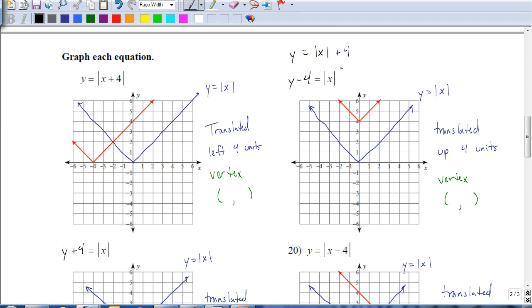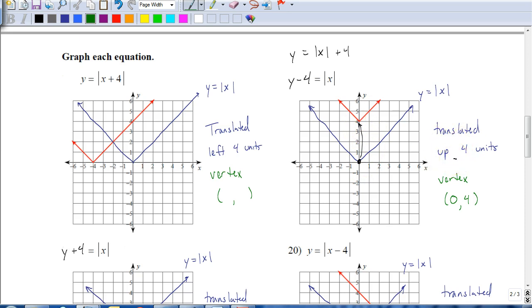I just subtracted it from both sides because that's going to tie into the formula we're going to look at in a minute. For this one, the vertex was moved from 0, 0 up 4 units. So the vertex is now at the point 0, 4, and we would say this translation translated the graph up 4 units.